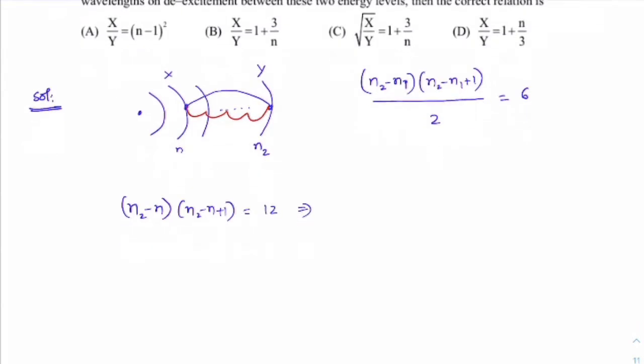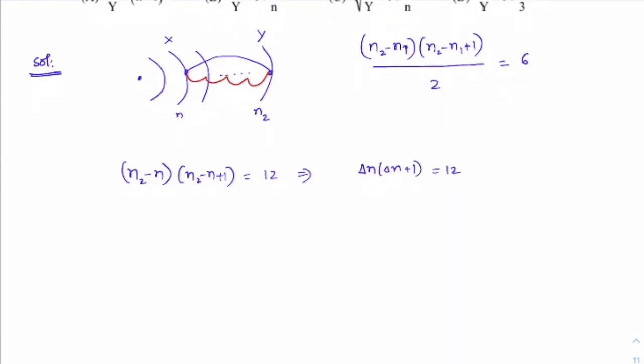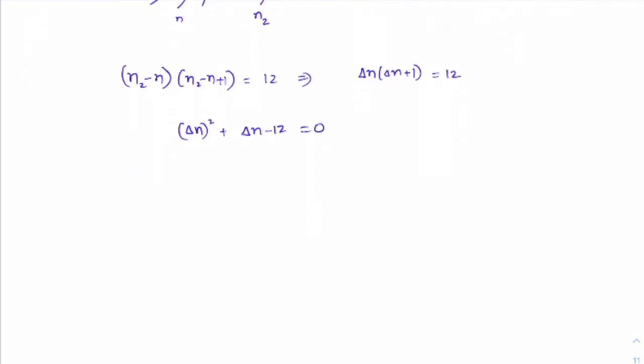So from here, n2 minus n is common, so I'll write that as delta n. So delta n into (delta n plus 1) is equal to 12. If we solve this, we get delta n square plus delta n minus 12 equal to 0. So if we solve for delta n, we will get a positive value of 3. I'm taking only the positive root out of it.